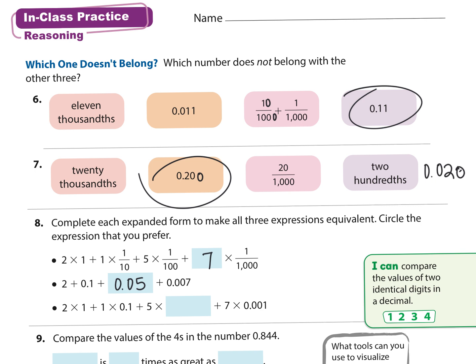So plus 1 times 0.1 plus 5 times 0.01 plus 7 times 0.001. These are all 3 the exact same thing. This one just has fractions. This one has decimals. And this one doesn't show how I'm getting the value of each digit. It's literally only showing me what the value is.